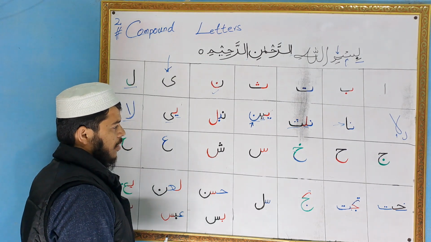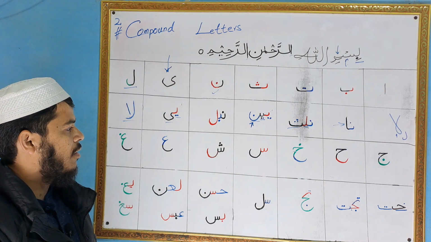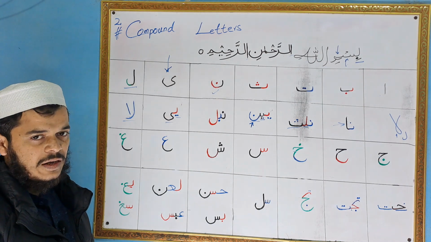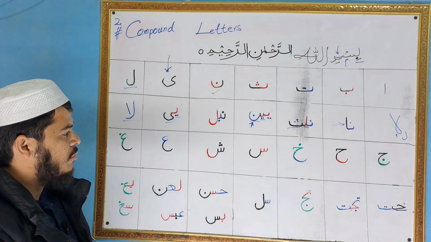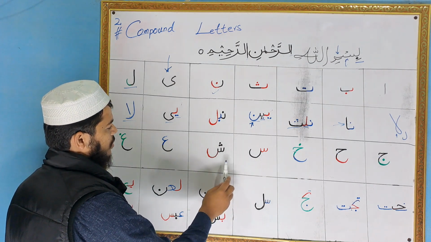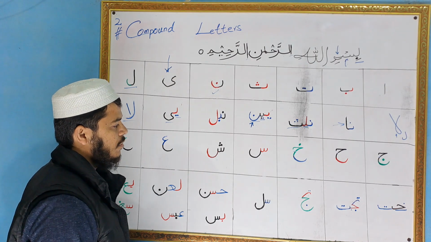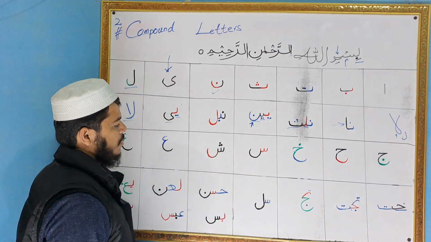And now we are moving on. I'm skipping dal, zal, ra, za, because we will learn those shapes in our next lesson, as I will categorize them into a different category. Now you can see seen, sheen. No difference at all, the difference is just in the dots.